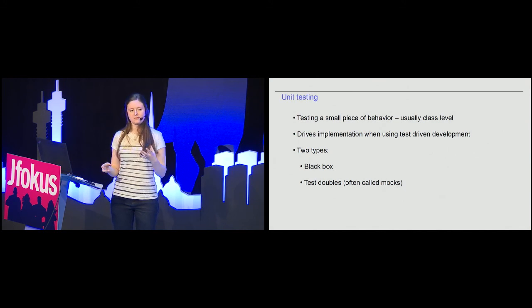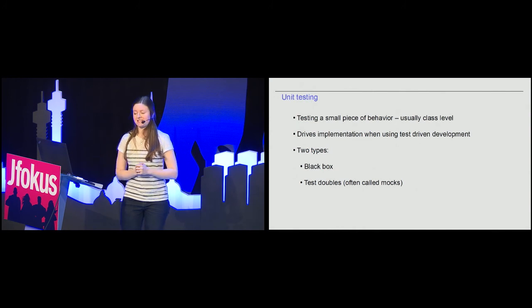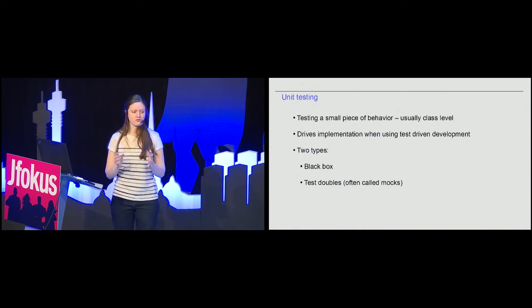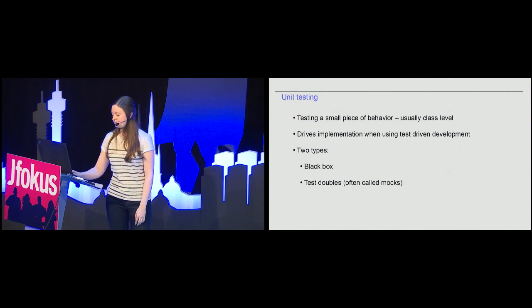There are 2 types that I'm going to highlight of methods to unit test, and that's black box testing or test doubles. When I did a practice of this presentation, the name test doubles raised a few questions, and this is a generic term for any object that you create just for the test run and you don't put it into production. Often they're called mocks, so a mock is a type of test double.